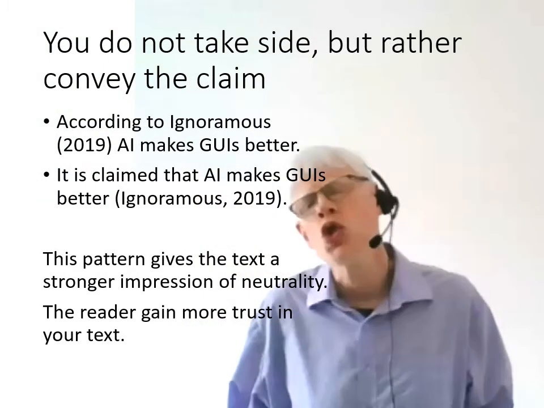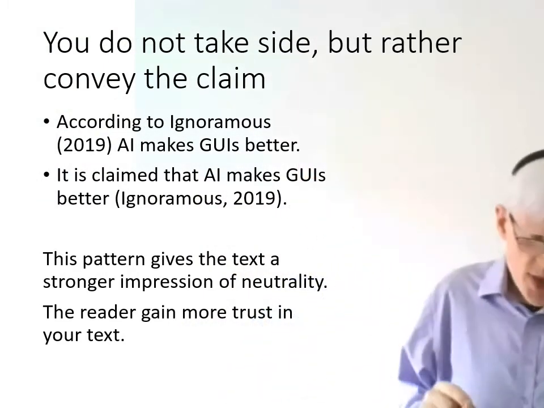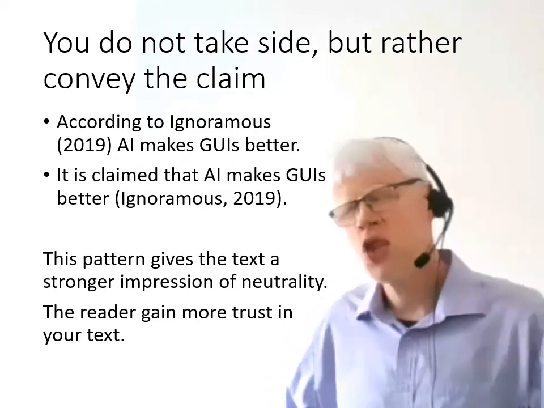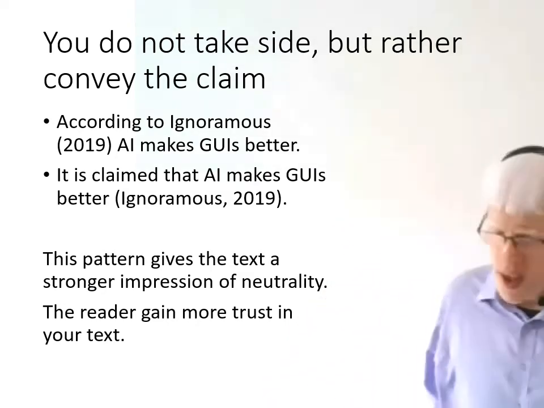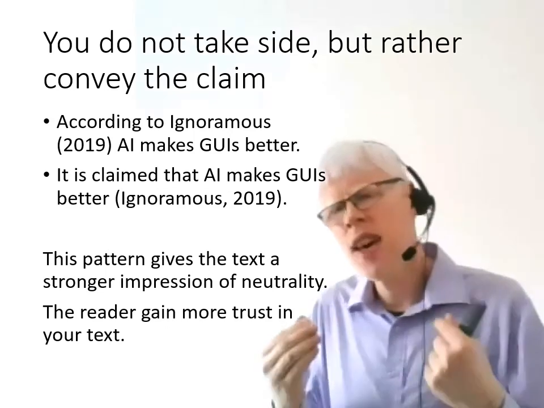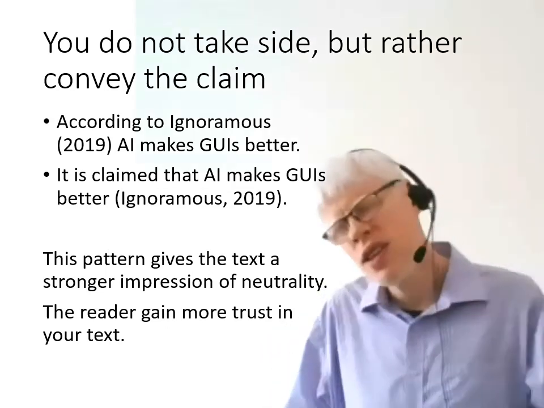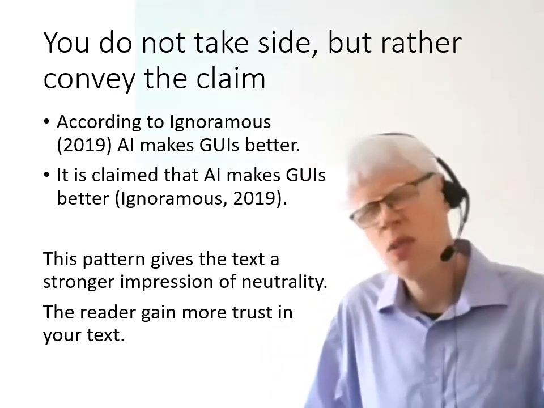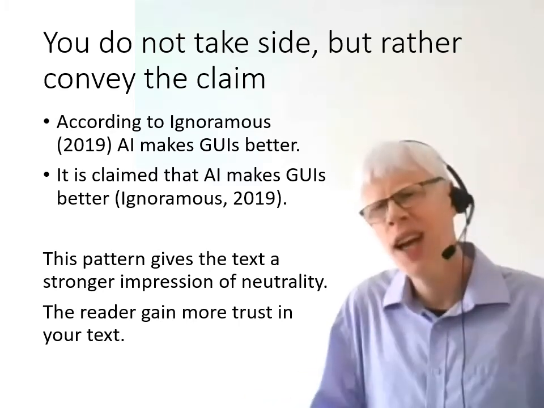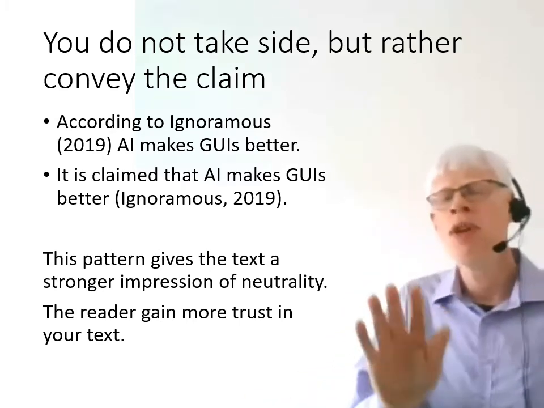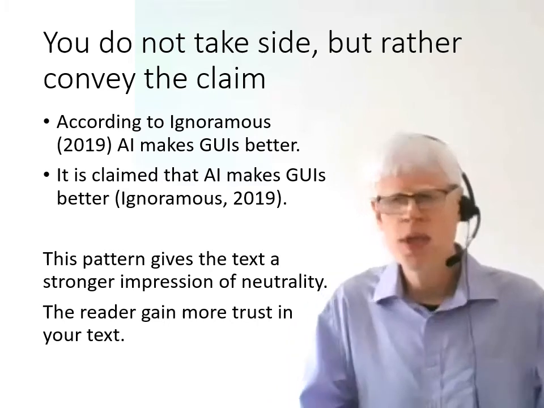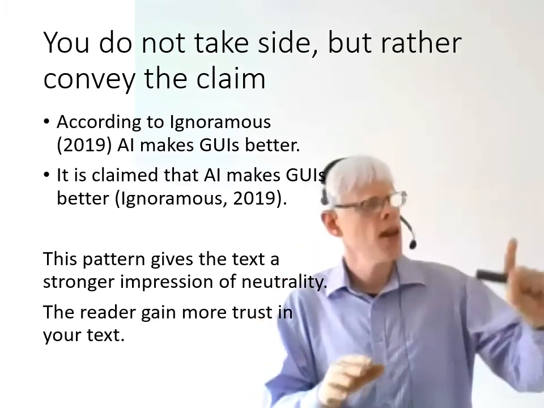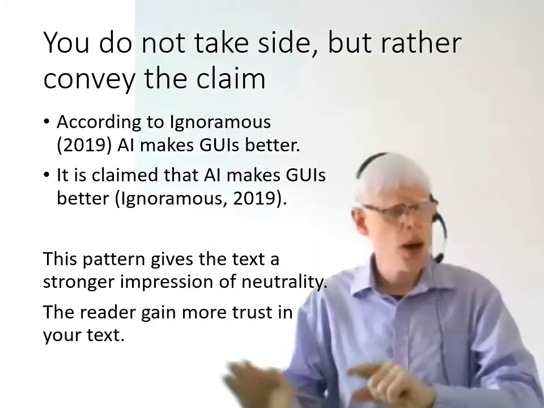So how should you do it? Well, my recommendation is not to make such bold claims unless you really mean it. Instead, you don't necessarily agree with the source, the person who came up with the claim, but you can be the reporter where you stand on the side and you say this went on there and just describe what happens.